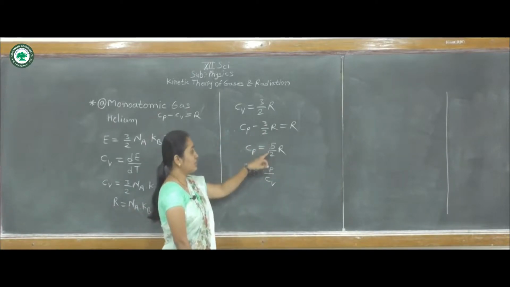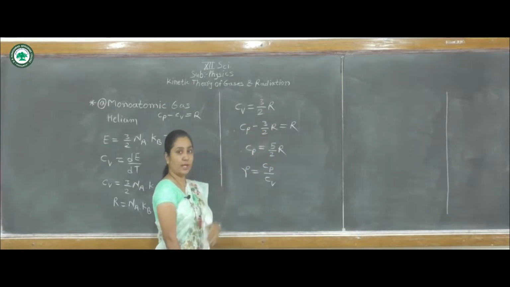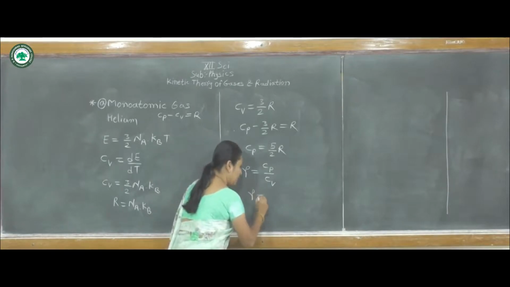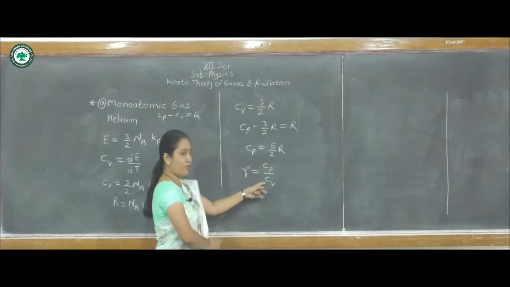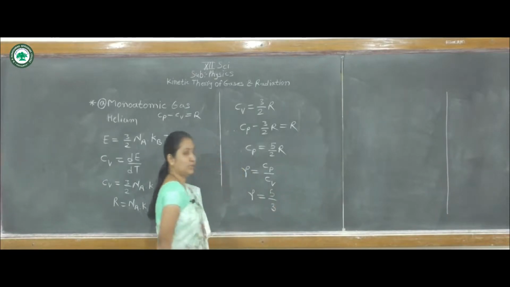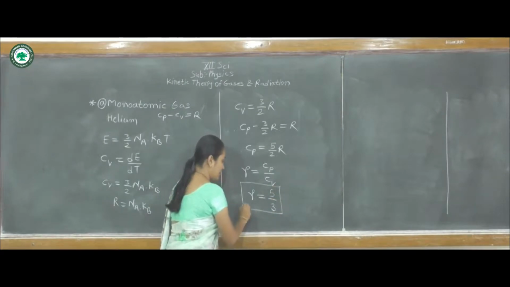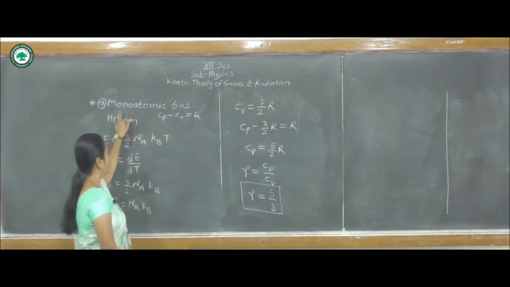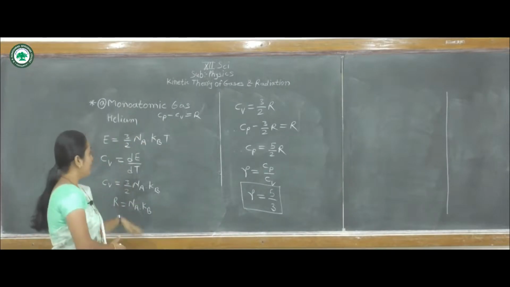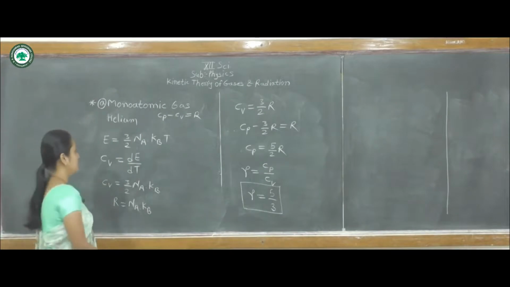We have Cp is equal to 5 by 2 R, Cv is equal to 3 upon 2 R. So gamma, Cp upon Cv, is 5 upon 3. So this is the ratio of two specific heats in case of monoatomic gas. Now similarly, we will study these values in case of diatomic gas.